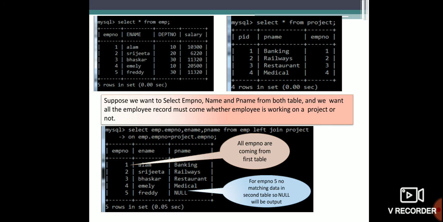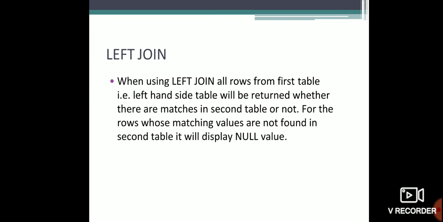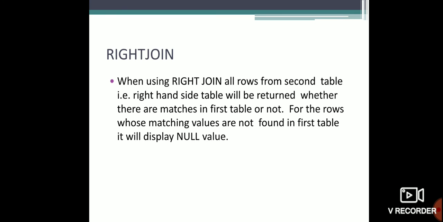Null will be represented. Next is right join. This is the same as left join only, but with a different method. You can see when using right join, all rows from the second table. In left join it was doing all rows from the first table, but in right join all rows from the second table it will select, that is the right hand side table will be returned whether there are matches in the first table or not.